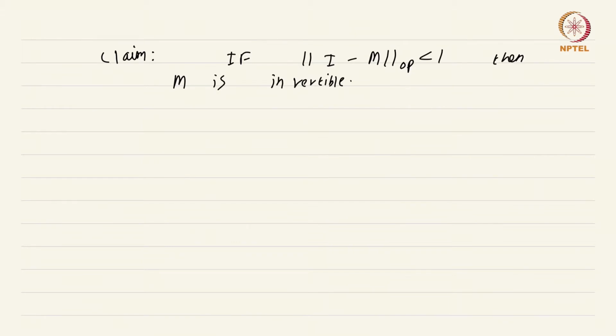Let's see why it's true. Well, suppose Mv equals 0. That's the only way by which a self map of a finite dimensional vector space can fail to be invertible, only if the kernel is non-trivial. Then norm of Iv minus Mv is going to be equal to norm v, because Mv is 0.